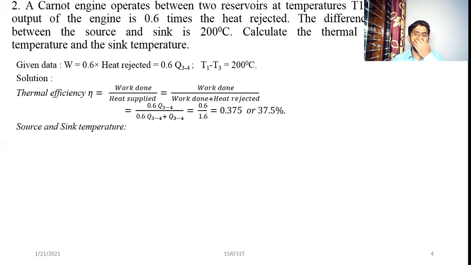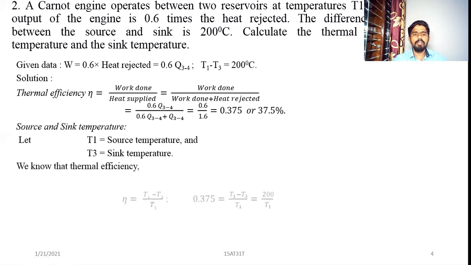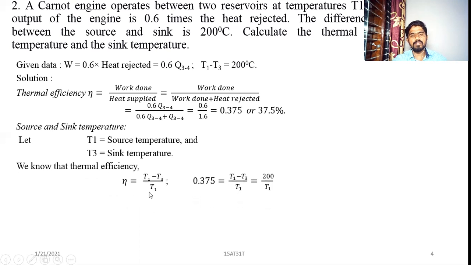Now I'll continue with the second unknown data, which is the source and sink temperature. Let T1 be the source temperature and T3 be the sink temperature. We know that the thermal efficiency is equal to (T1 minus T3) divided by T1.